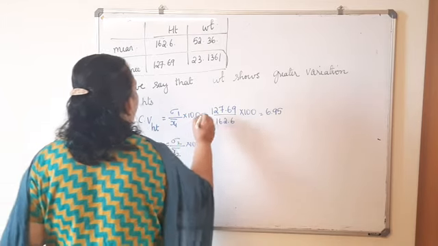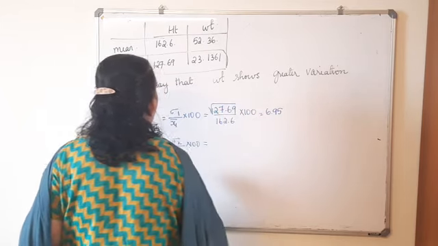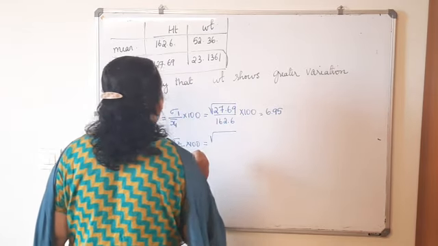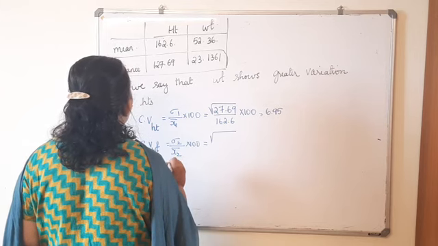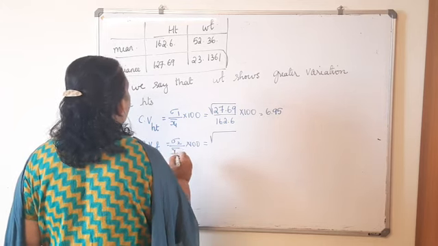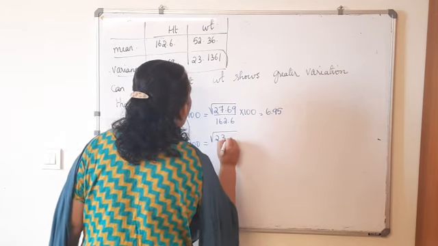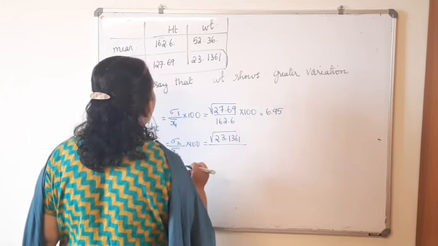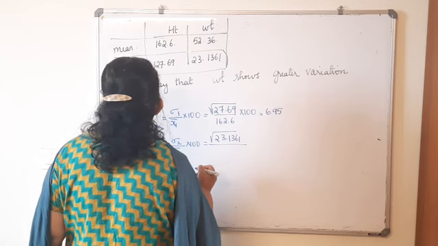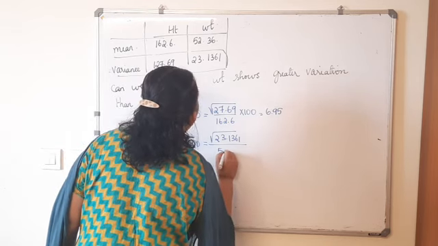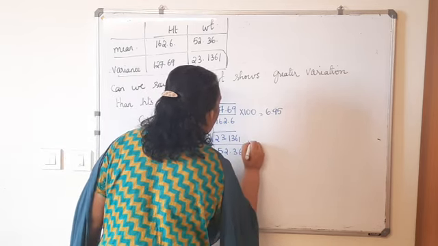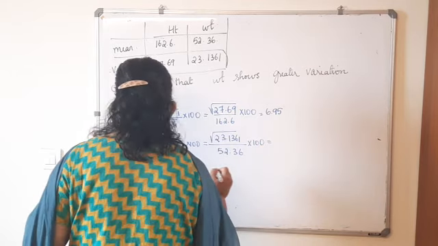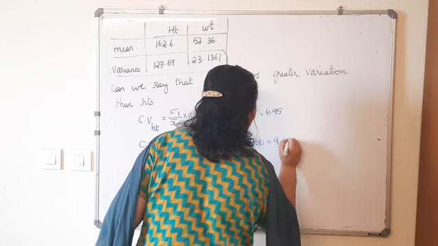Here the variance is given, so standard deviation is root of 23.1361 divided by x2 bar, 52.36, into 100, is equal to 9.19.